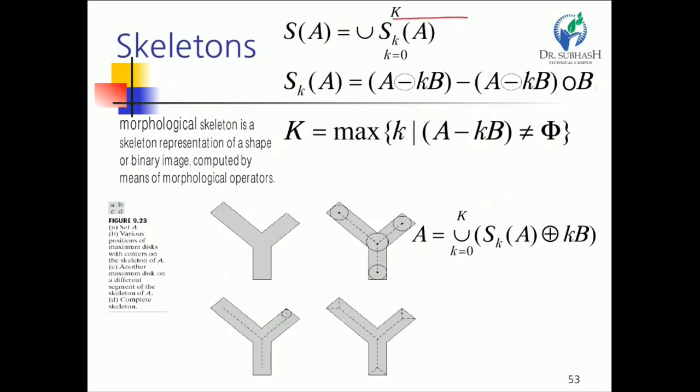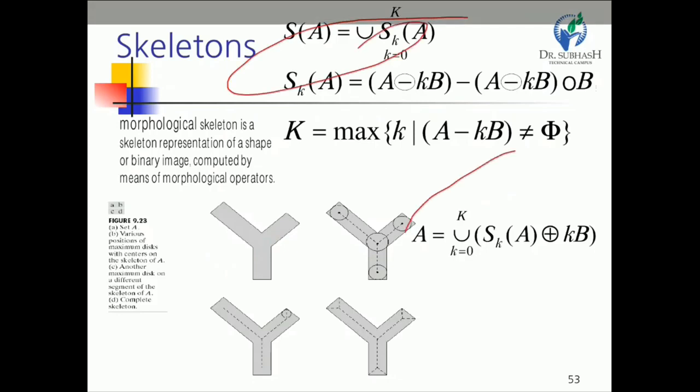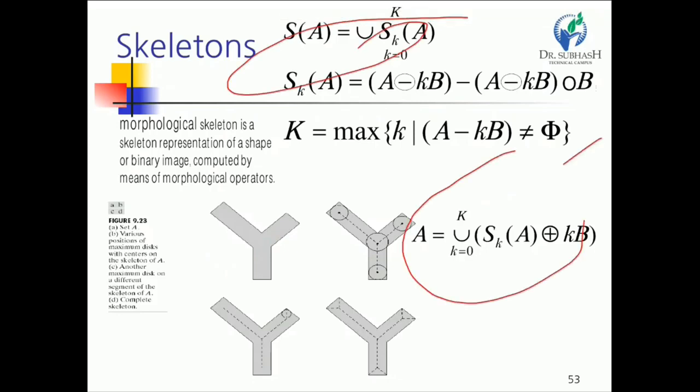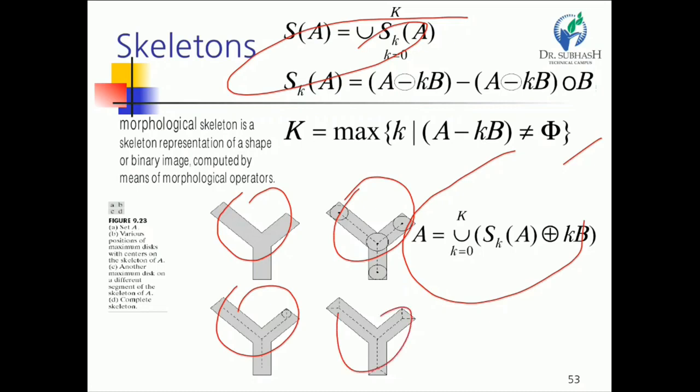This is the function of the skeleton, and we can simplify it, and finally we get the result of the skeleton function. In this figure, this is the set A, which can be represented with the various sets of B, and another one is D.